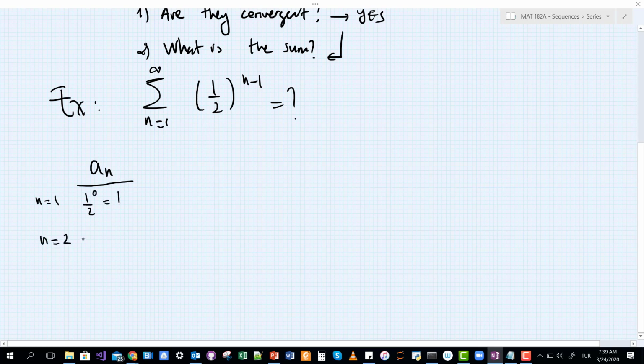When n is equal to 2, 1 over 2 to the 1, which is equal to 1 over 2. When n is equal to 3, 1 over 2 squared, which is equal to 1 over 4. When n is equal to 4, 1 over 2 cubed is going to be equal to 1 over 8. We can keep continuing this way, but I'm going to stop at this point.